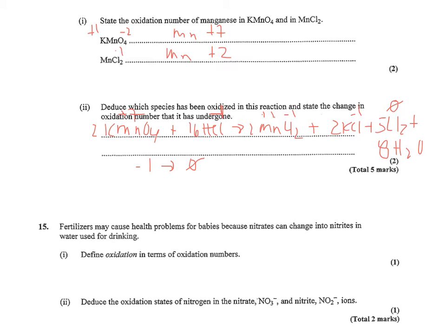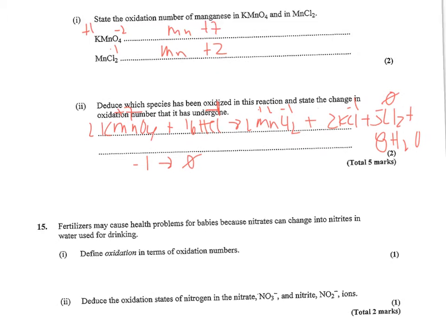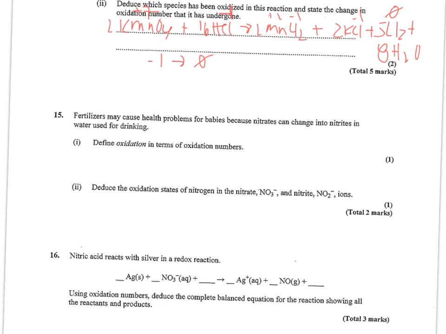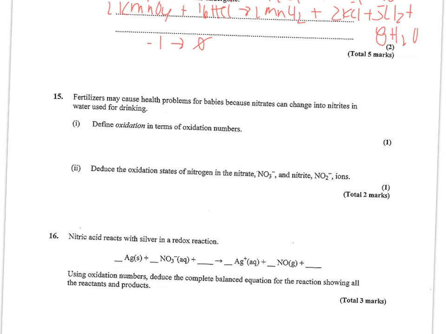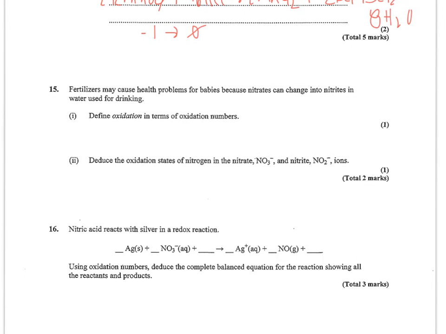Number 15 says fertilizers may cause health problems for babies because nitrates can change into nitrites in water used for drinking. Define oxidation in terms of oxidation numbers. So it's an oxidation number increases during oxidation, and deduce the oxidation states of nitrogen in the nitrate and nitrite ions.